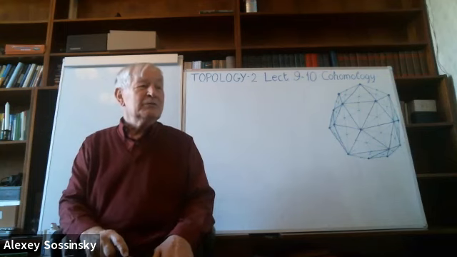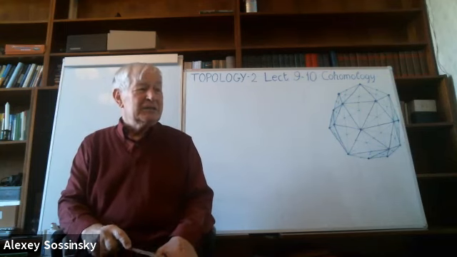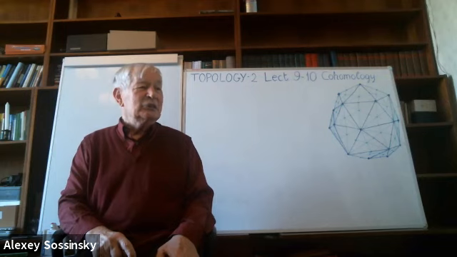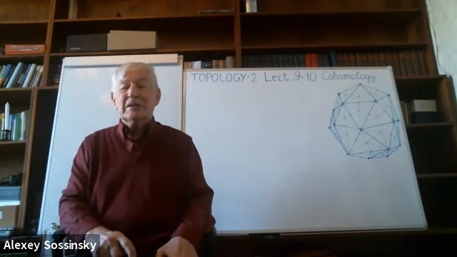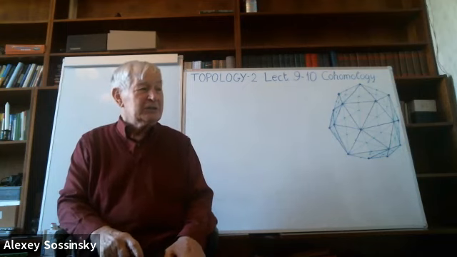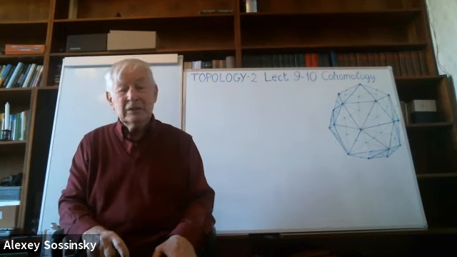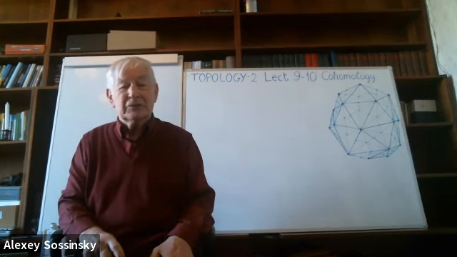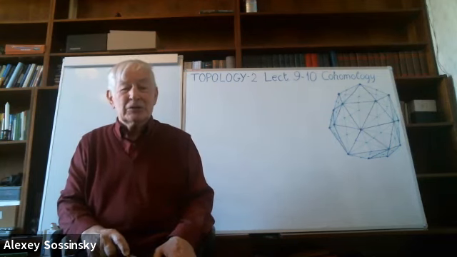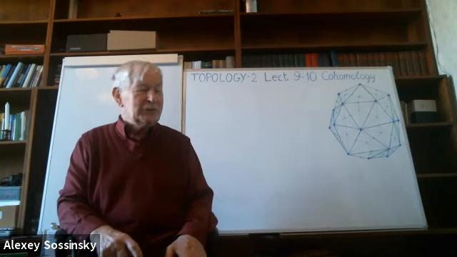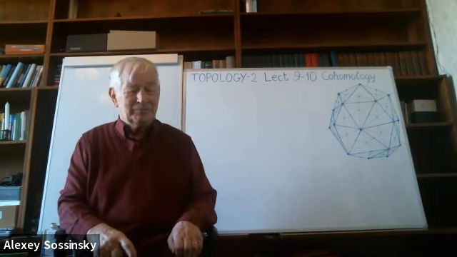You remember from the linear algebra course that to each vector of the linear space, you assign its dual, which is called a covector. And what is a covector? It's a function on vectors, a linear function on vectors. So we're going to do the same thing with homology theory.